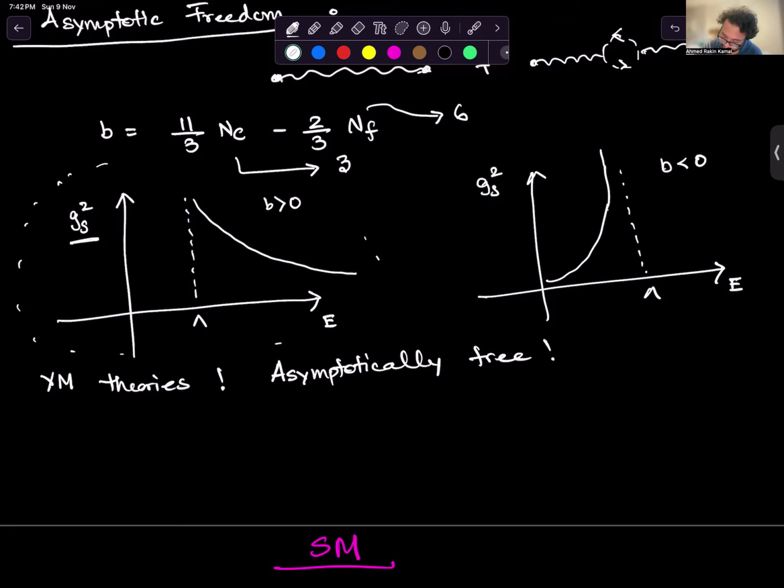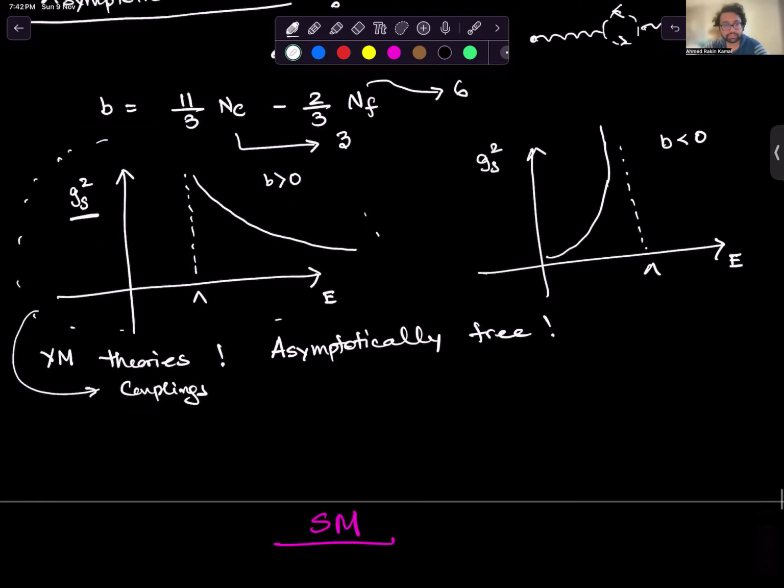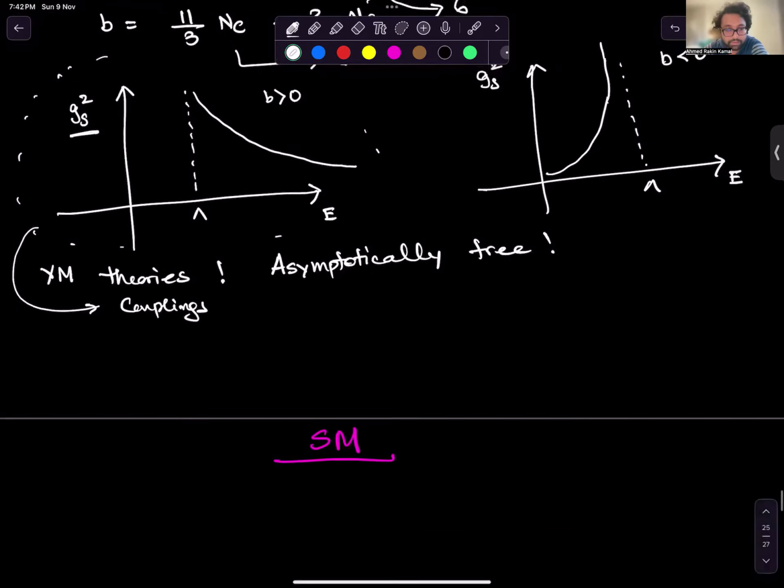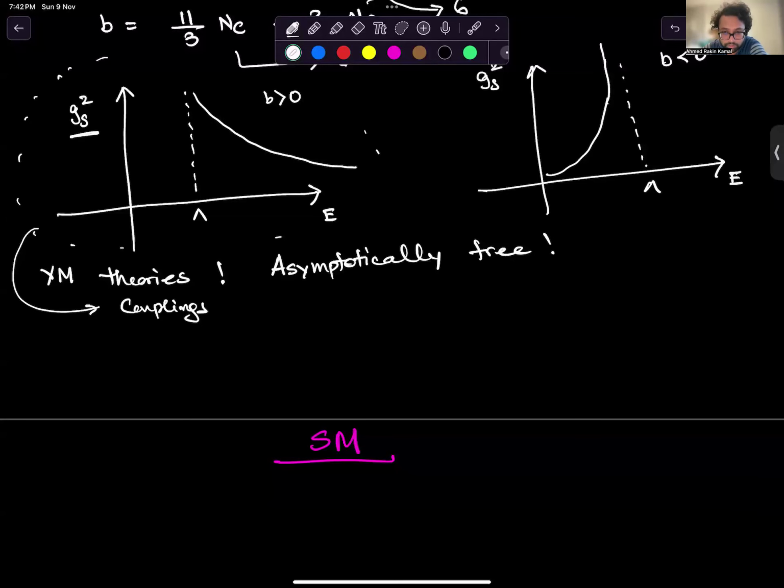So what is happening is couplings are getting smaller and smaller with energy.